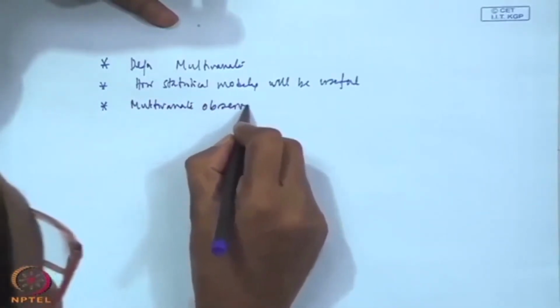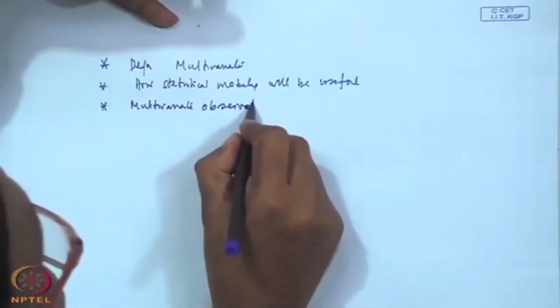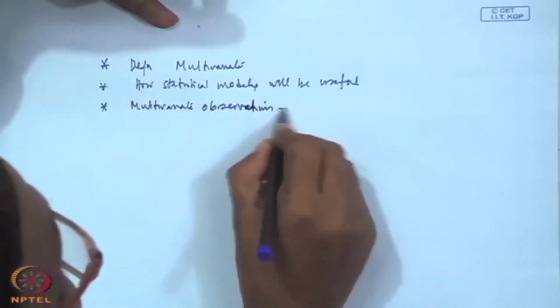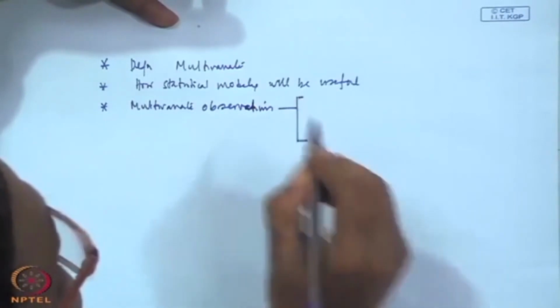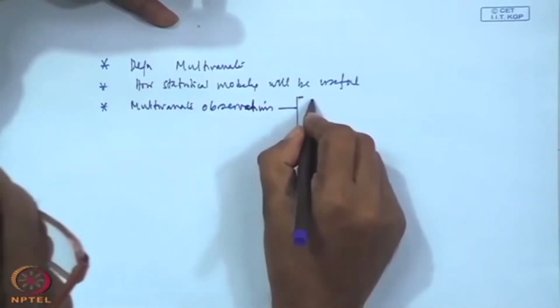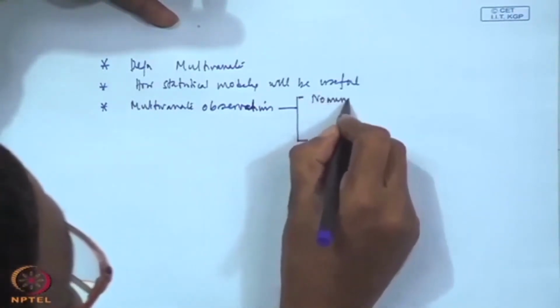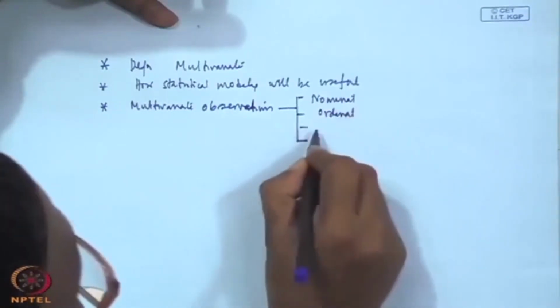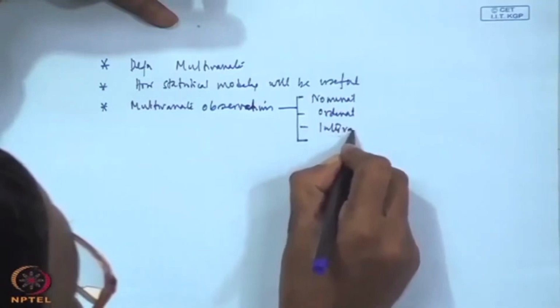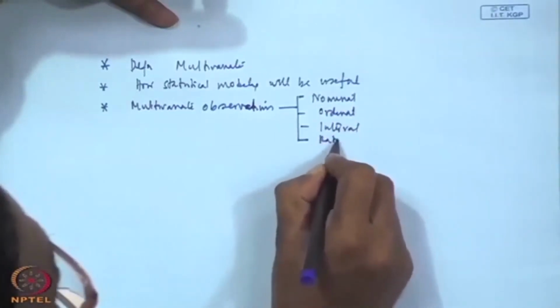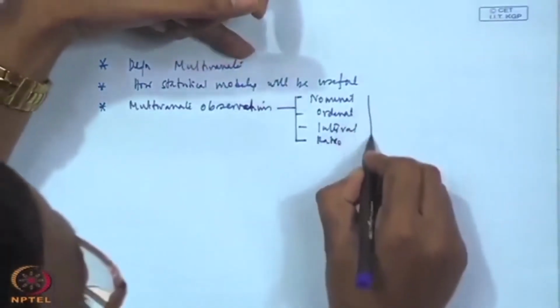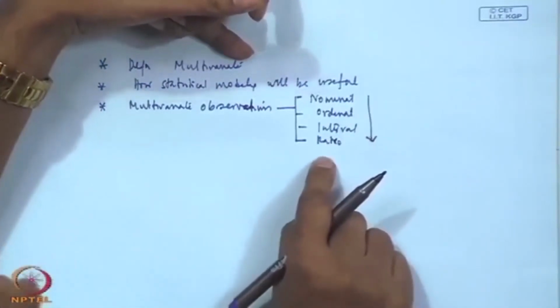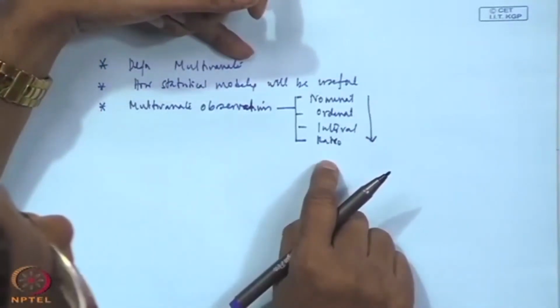You require careful measurement of multivariate observations, and you must be thorough about the data types like nominal data, ordinal data, interval data, ratio data. If possible, you go by this order, meaning if possible collect ratio data.